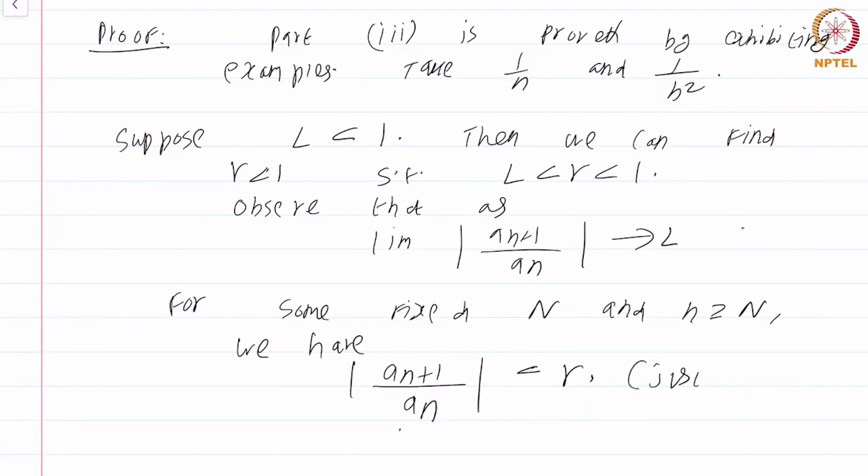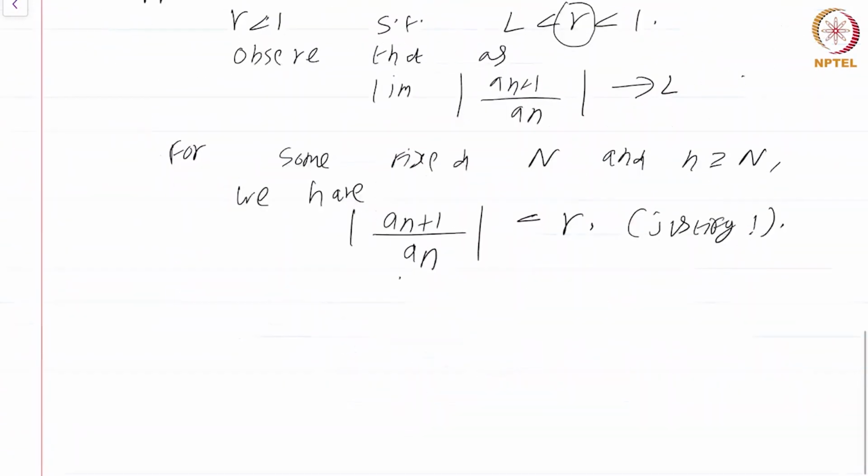Justify this. What we have done is the following. We know that the sequence mod an plus 1 by an converges to this capital L, and we know that this capital L is less than 1. What we are doing is we are squeezing in this r in between L and 1. By the epsilon N definition of convergence, for suitably large n, the ratio must be very close to L. In particular, the ratio must be strictly less than r whenever n is greater than or equal to this capital N. Now, how does this help us?